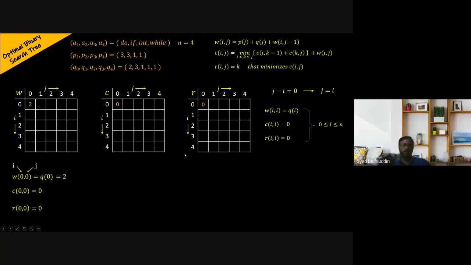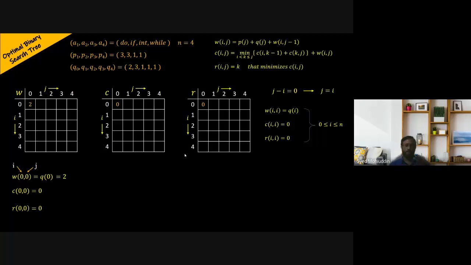Now the first stage is that we consider only one node. We are trying to construct a binary search tree which will be optimal. So at the first stage, we consider each node as the root.